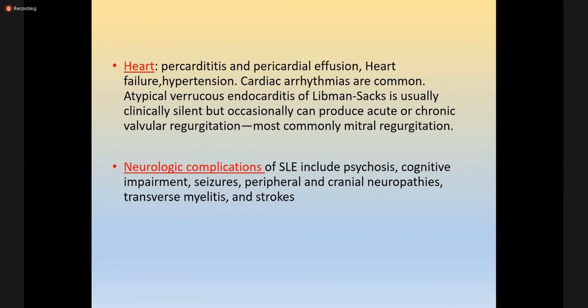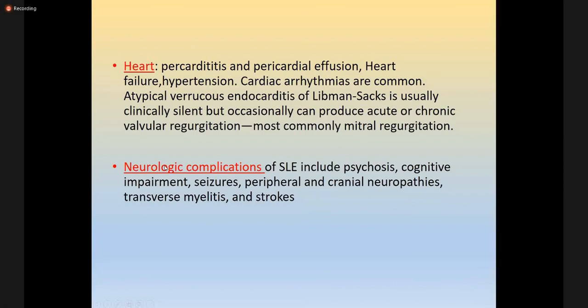And in SLE particularly, we usually name it Libman-Sacks endocarditis. It is usually silent, but sometimes it may produce acute or chronic valvular regurgitation. And the most commonly involved valve is the mitral valve. Right?